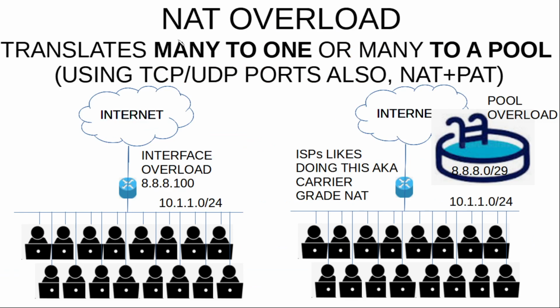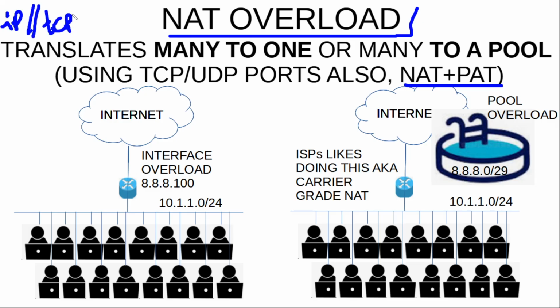Now let's go and see the most important Cisco feature for NAT that we are going to use most of the cases, that is not as known as NAT overload, which is actually a combination of NAT and PAT, because it is not going to change only your IP address, it is going to also change your TCP or UDP port that you're using.